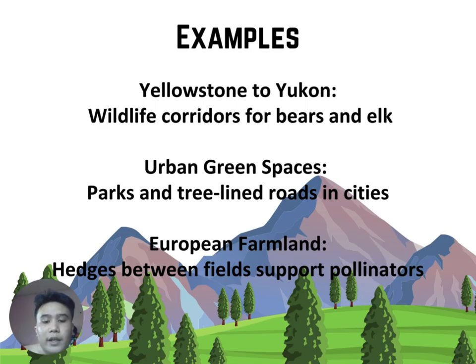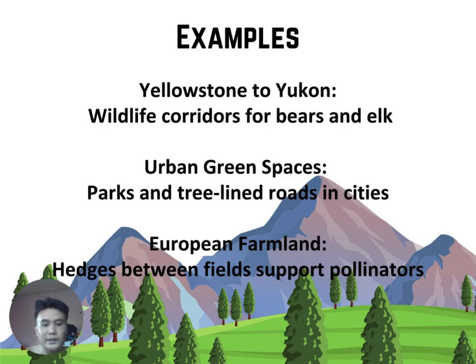Next po, another example is agroforestry systems. Sa Bukidnon ni siya. Farmers integrate trees in their crop fields, which creates habitat patches for birds and insects. Kani siya maka-improve, maka-reduce sa erosion and supports biodiversity, plus additional income pa jud from fruits or timber.